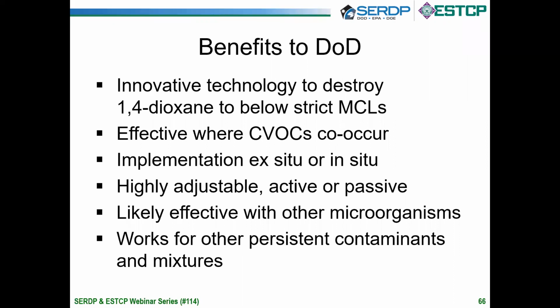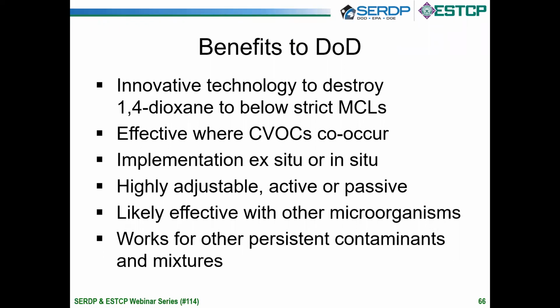What we haven't tested yet is whether the technology is effective with other microorganisms, but we do suspect that that is the case. So these could be, for instance, co-metabolic 1,4-dioxane degraders, or maybe even organisms that come from the very site that have seen 1,4-dioxane already, maybe even without bioaugmentation, but bioaugmentation certainly helps.